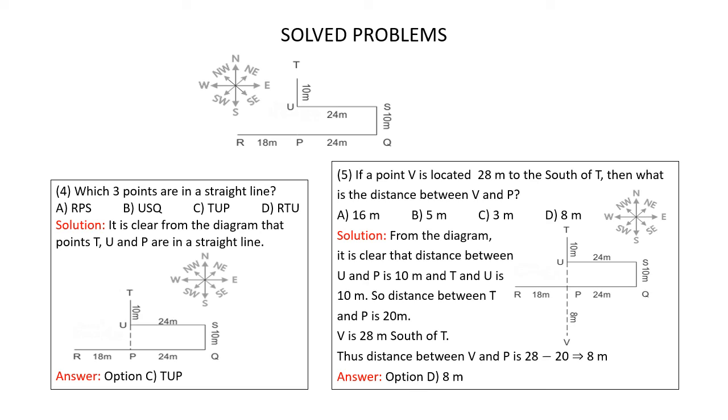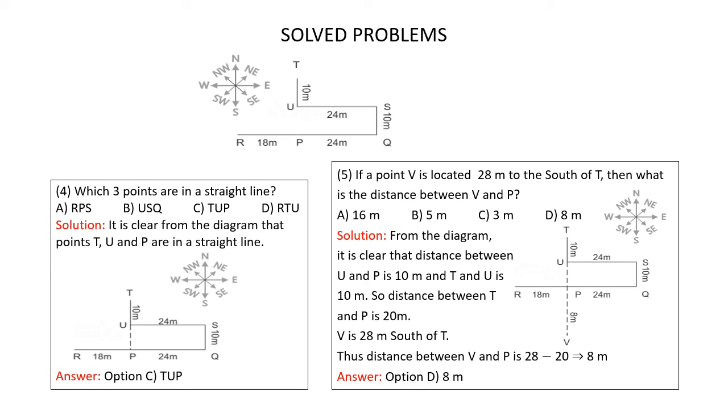Now from this diagram it's clear that the distance between T and U is 10 meters. Now since the distance between S and Q is 10 meters, the distance between U and P is also 10 meters. So finally we have the distance between T and P as 10 plus 10, which is 20 meters.